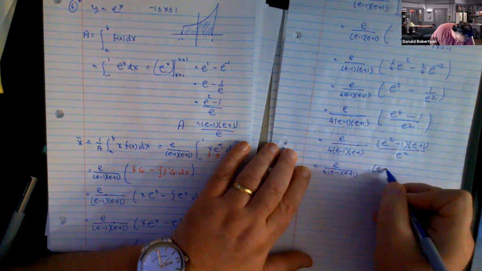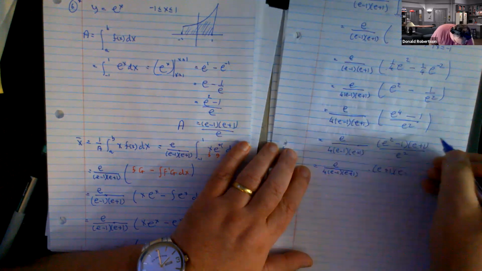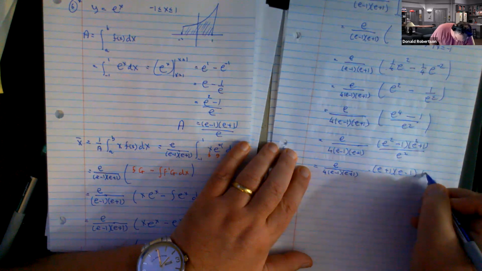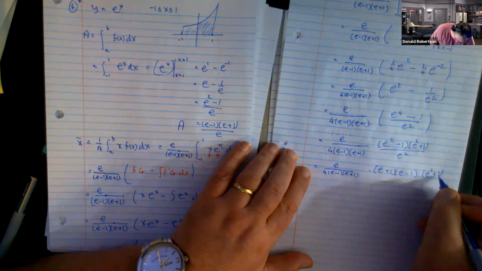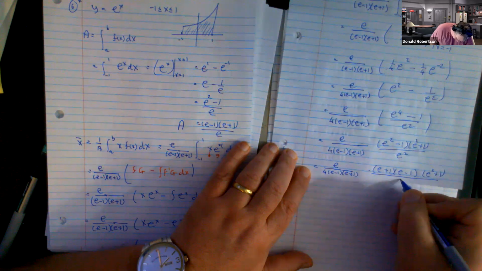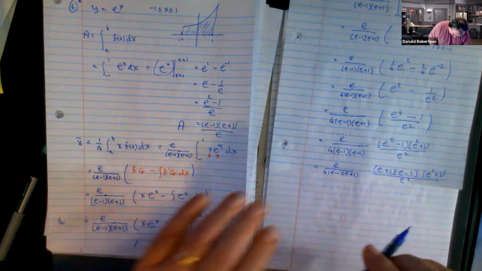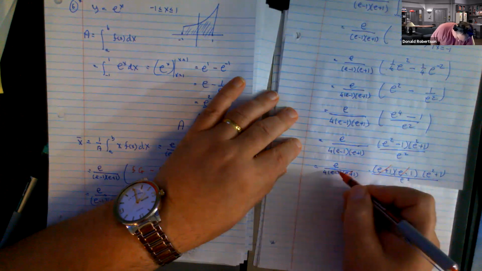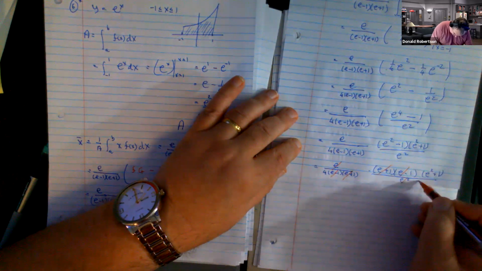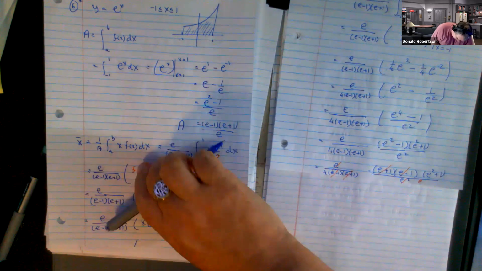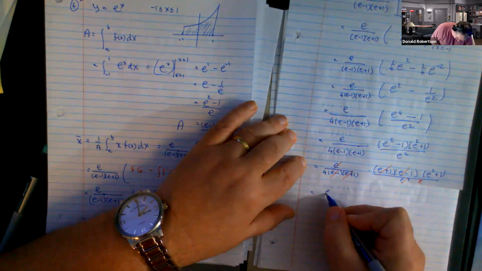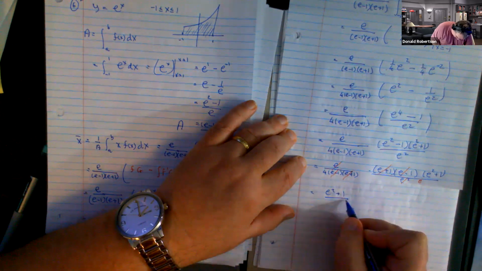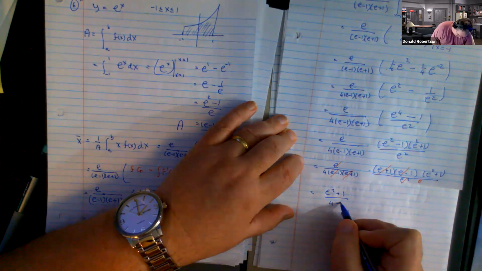E plus 1, e minus 1, e squared plus 1, all over e squared. And then this one cancels, this one cancels, this one gets partially cancelled and leaves an e. And what you're left with is an e squared plus 1 over 4e.